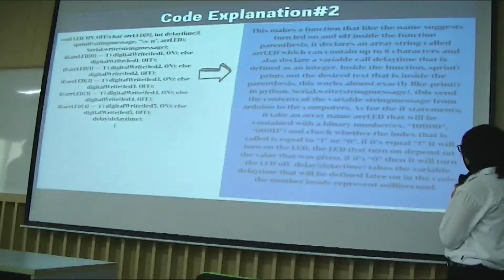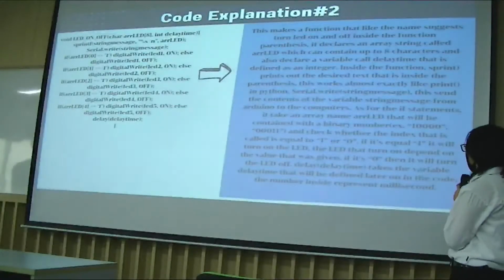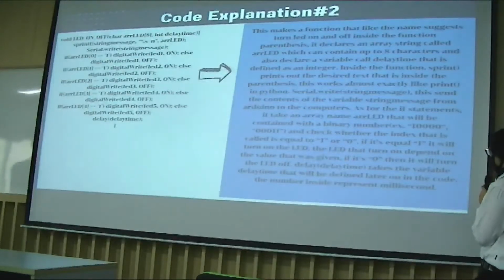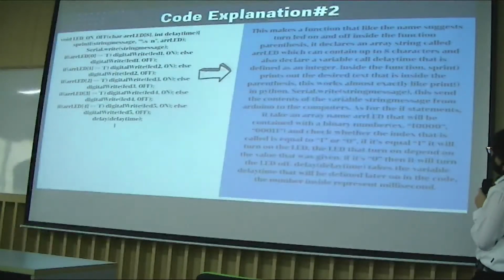If it's equal to 1, it will turn on the LED. The LED that turns on depends on the variable that it was given. If it's 0, then it will turn the LED off. As for the delay time, it takes the variable delay time that will be defined in the Arduino code. The number inside represents milliseconds.